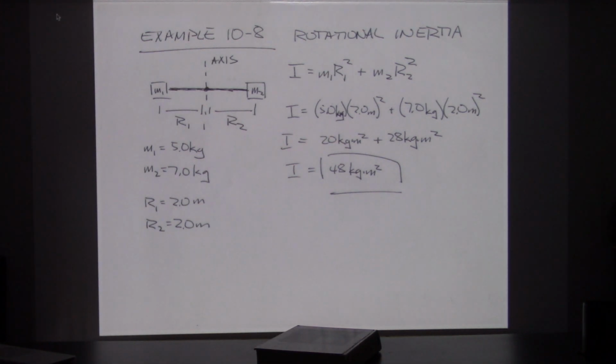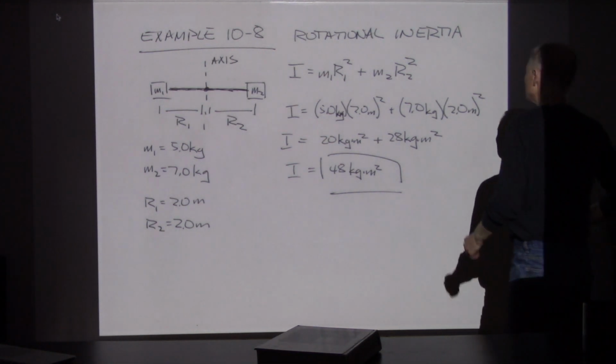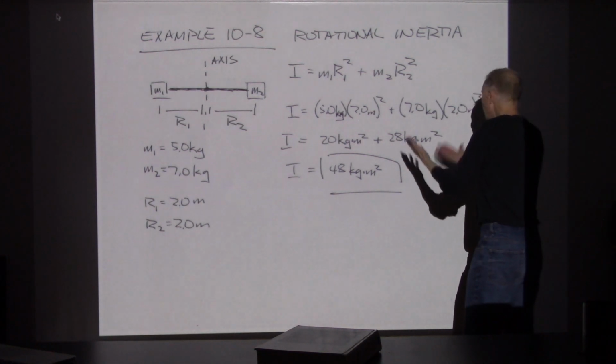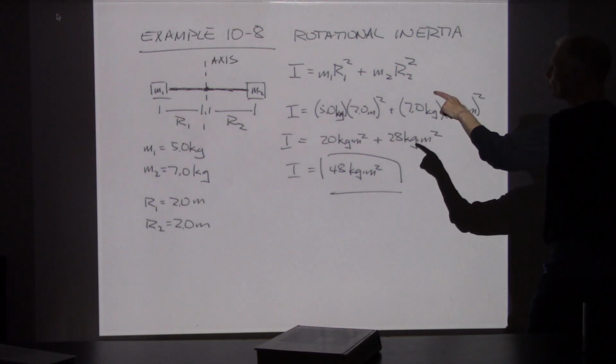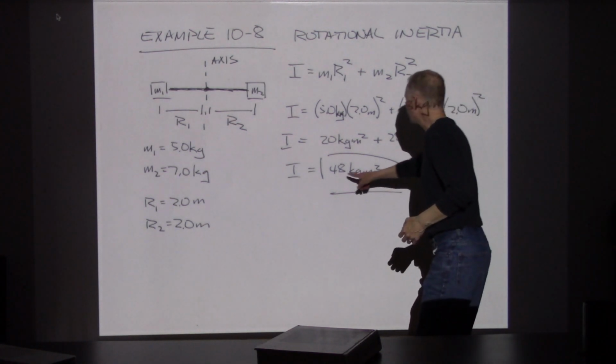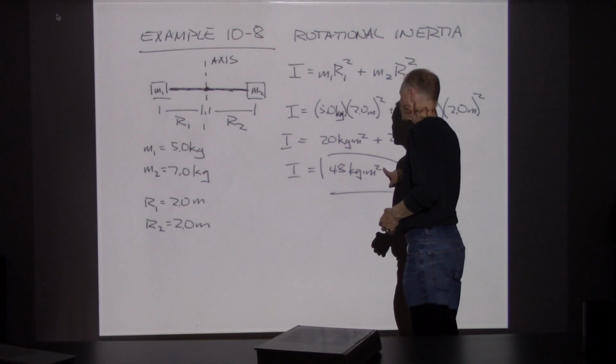And object 2 has a rotational inertia of 28 kilograms times meters squared. We can combine those. So if we're rotating this object around that axis, we can just add up the individual rotational inertias. We have a total of 48 kilogram meters squared.